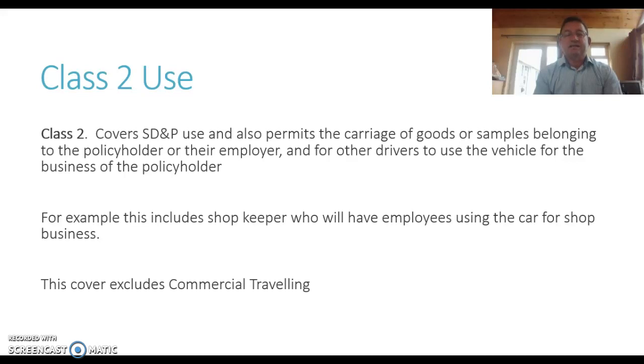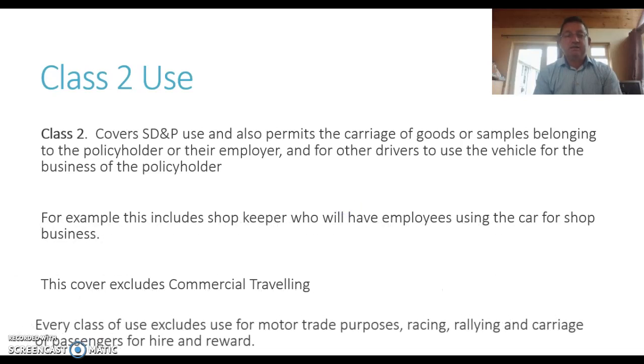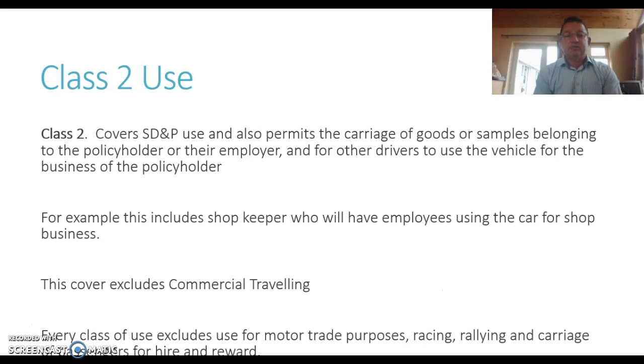A typical example would be a shopkeeper who might do home deliveries, and not just the shopkeeper in person, but employees will also use the car on the shop business. It excludes commercial travelling, and every class that we're going to discuss today is going to exclude use by the motor trade, racing, rallying, and the carriage of passengers for hire or reward.